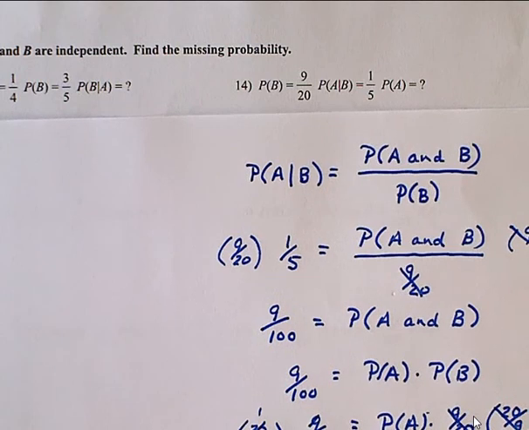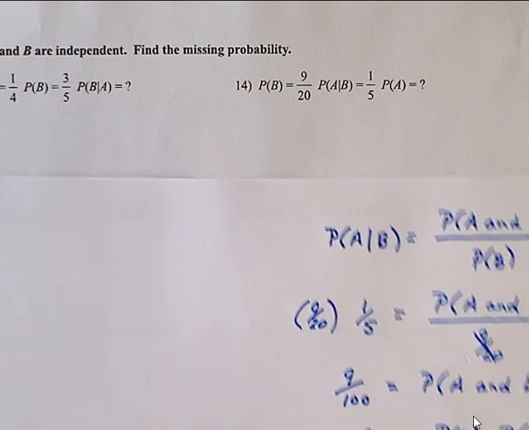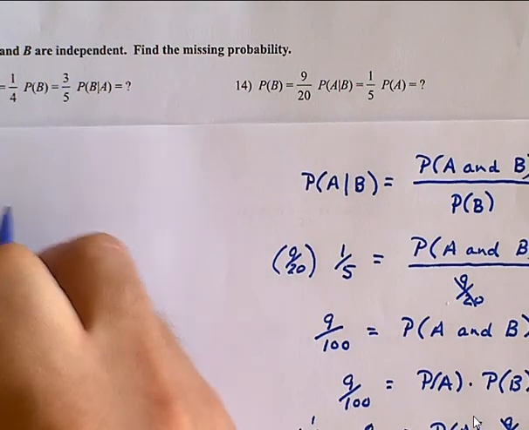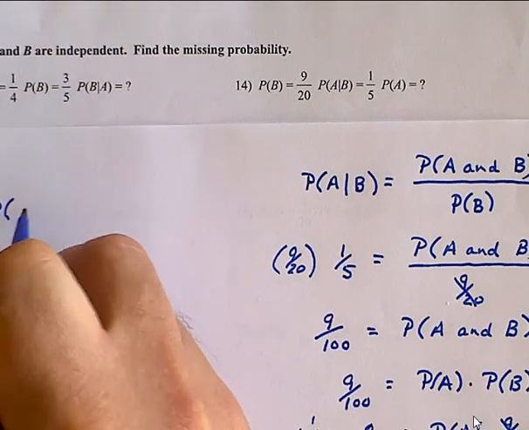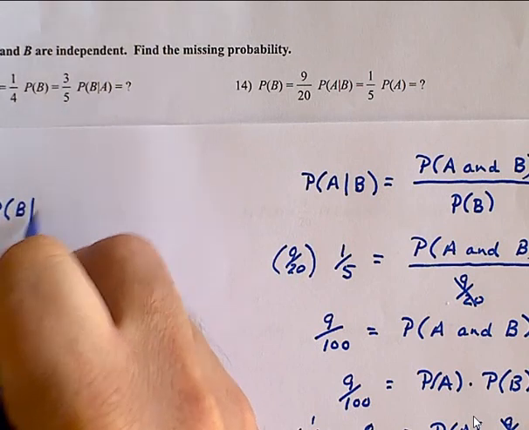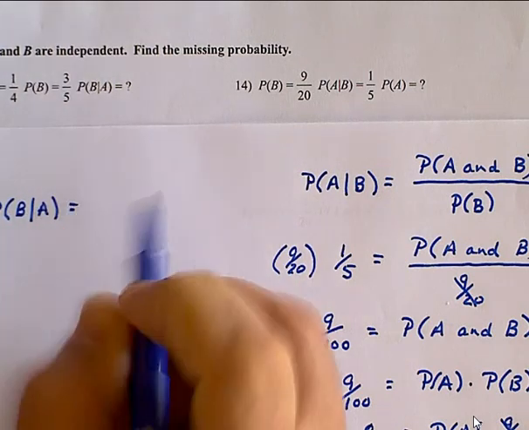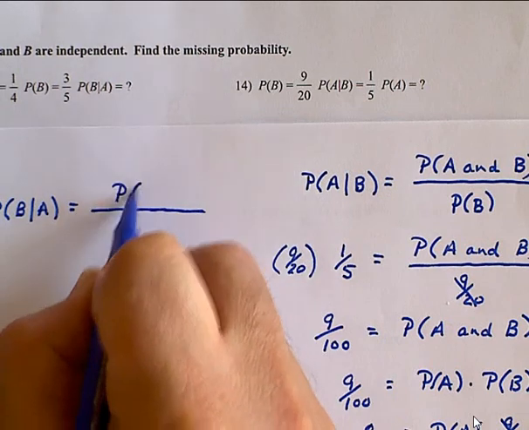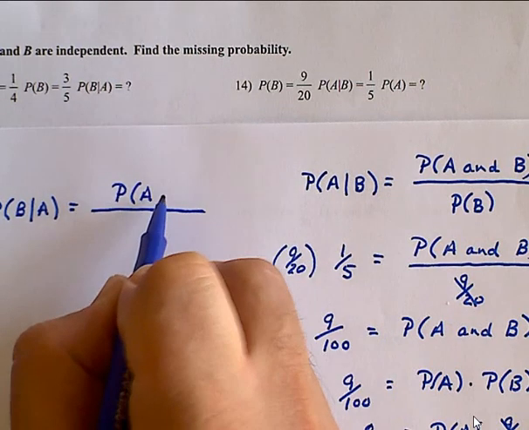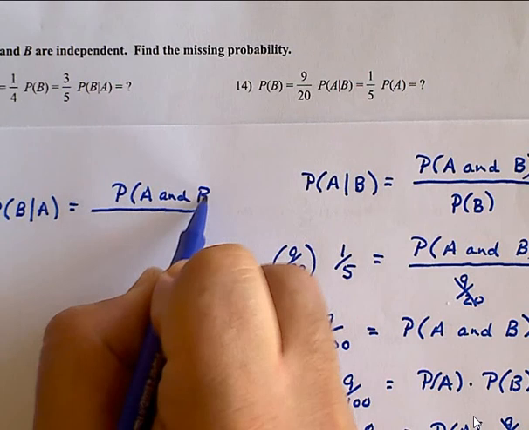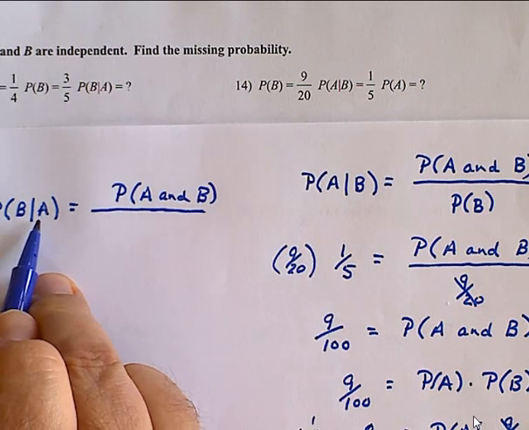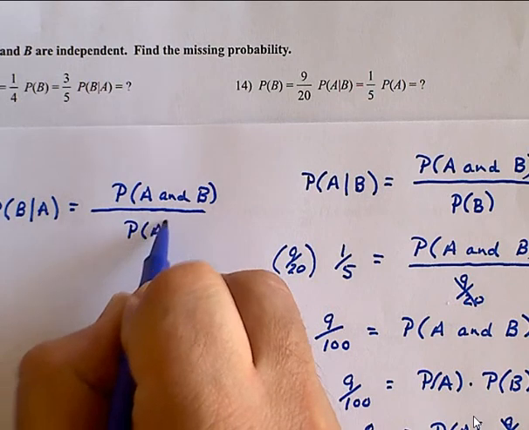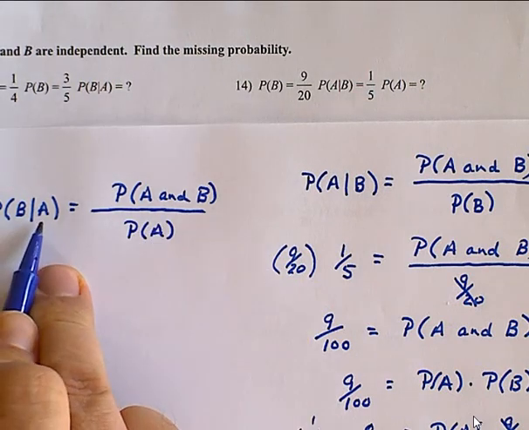If you look at that one just real quickly, okay, again, to find probability of B given A, I want to find the probability of both of them, A and B. And this time, the second value given is A. You always divide by what this letter after the line is.